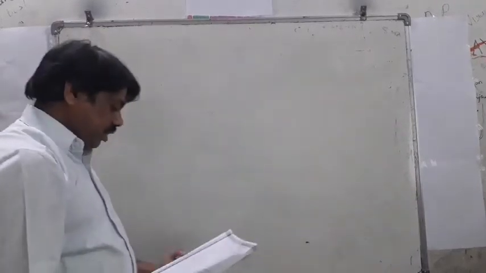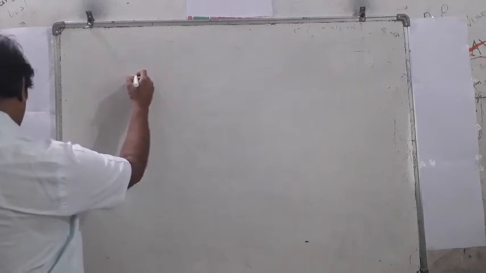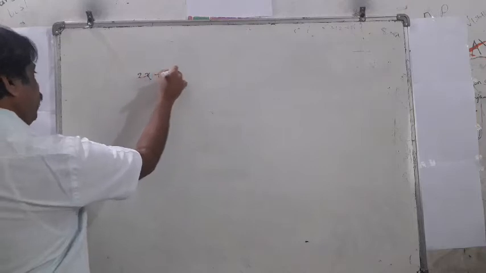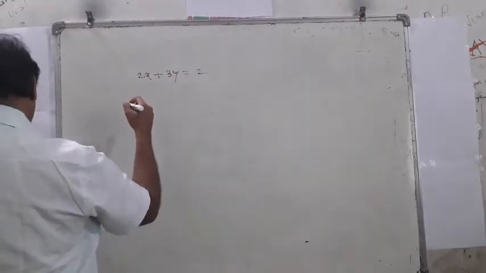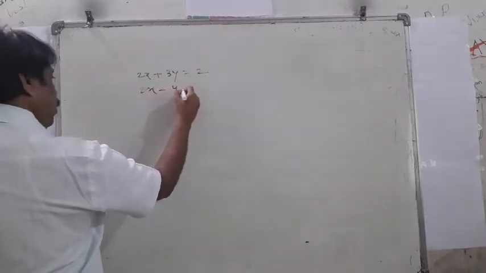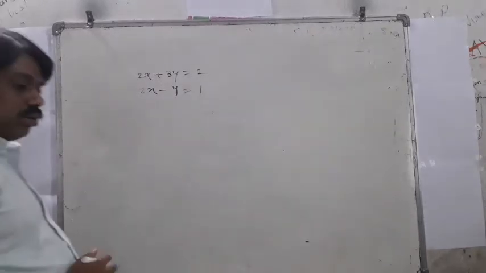The given simultaneous equations are 2x plus 3y is equal to 2 and 2x minus y is equal to 1. Okay, this is the example which we are going to solve.